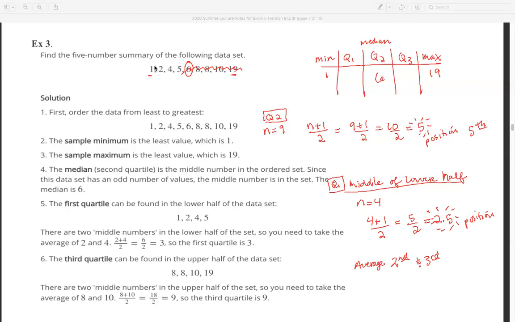So the second number is 2, and the third number is 4. So these two numbers are in the middle of the lower half of the data values. So we take 2 and 4, add them together, divide by 2, and we get 3.